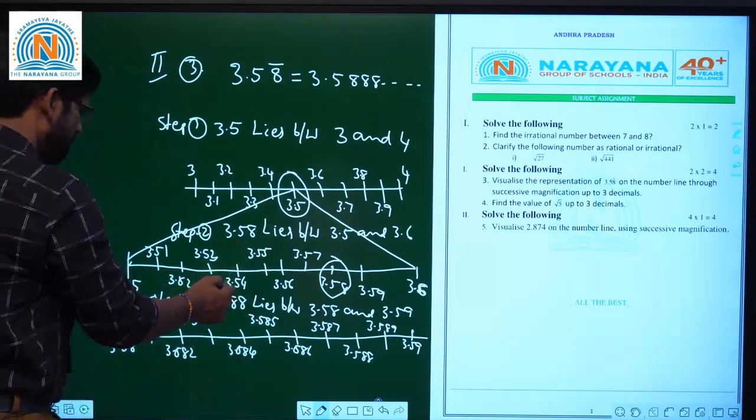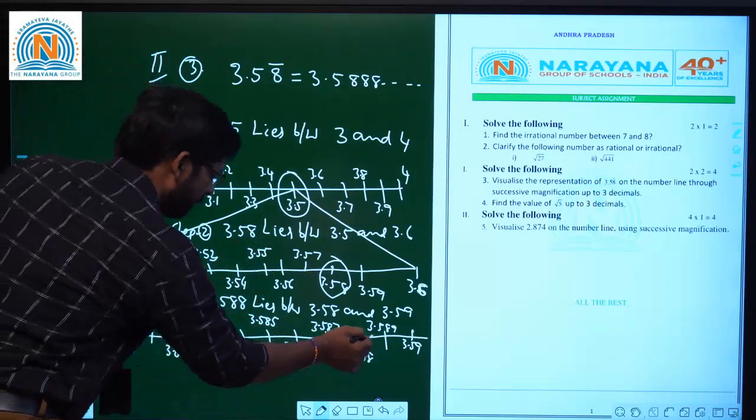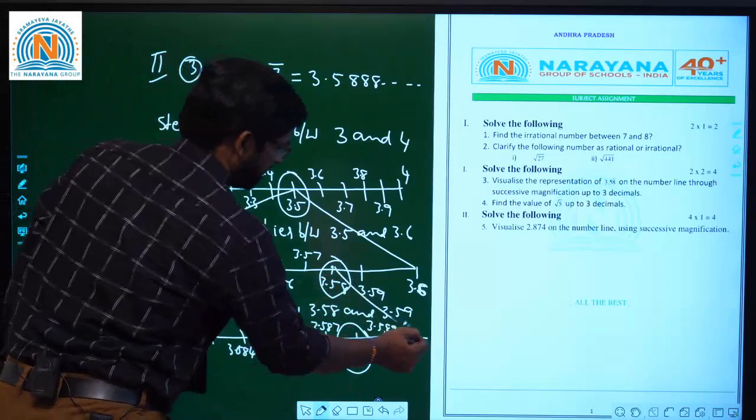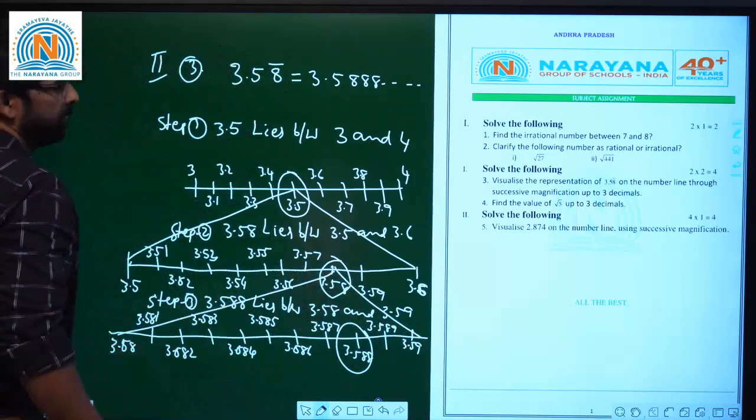So 3.588. This is the significance of the number line.